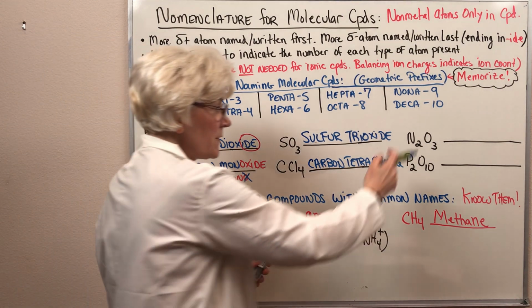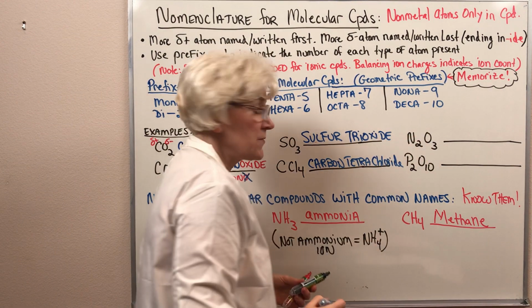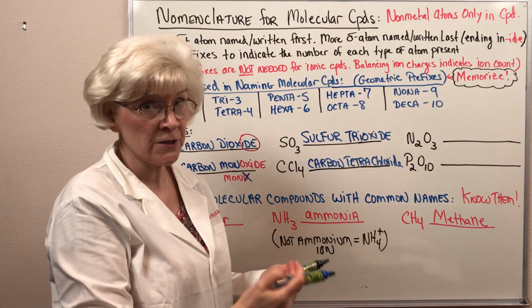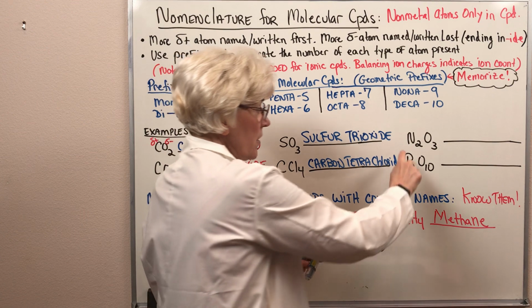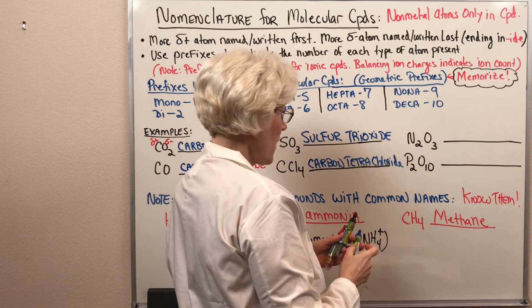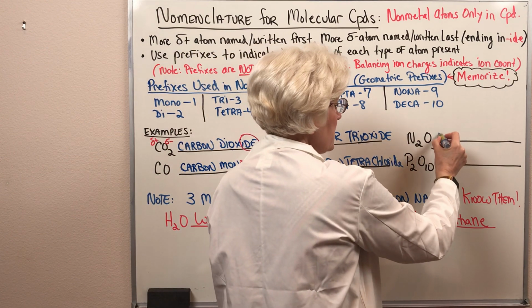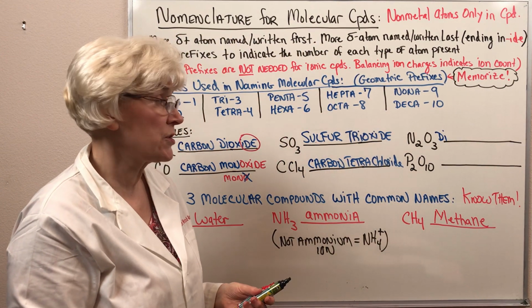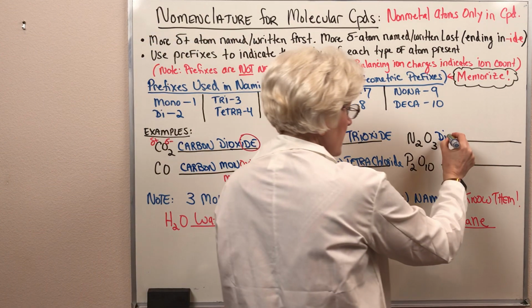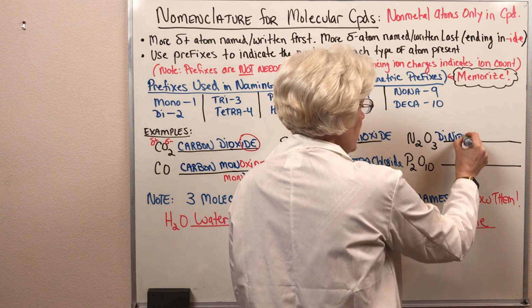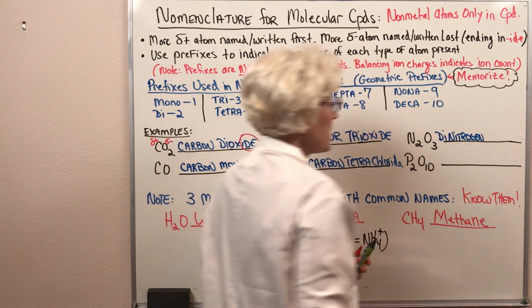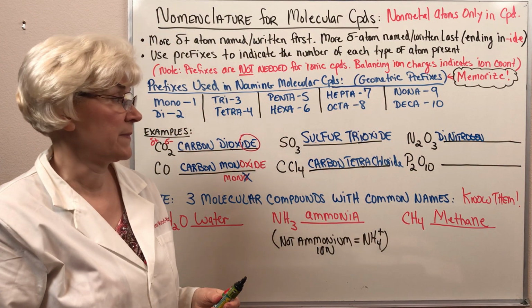The last 2 examples, I want to give you some examples where you have more than one of the first atom listed. So how would we name N2O3? Now we need to use the prefix di to indicate that there are 2 nitrogen atoms present. Notice that we do not change the name of the more partially positive atom, right?